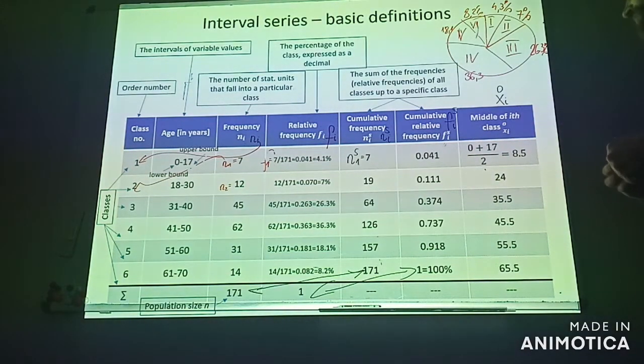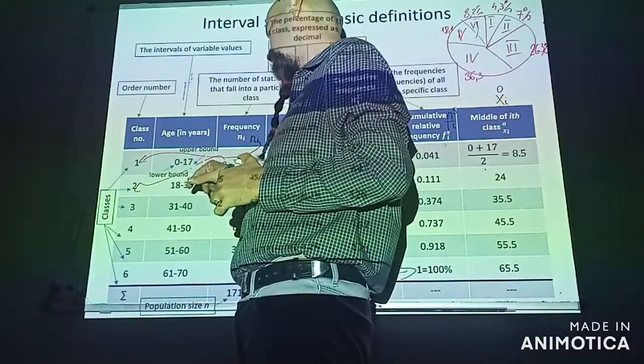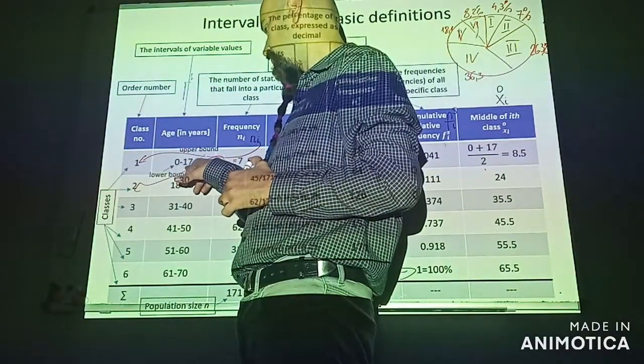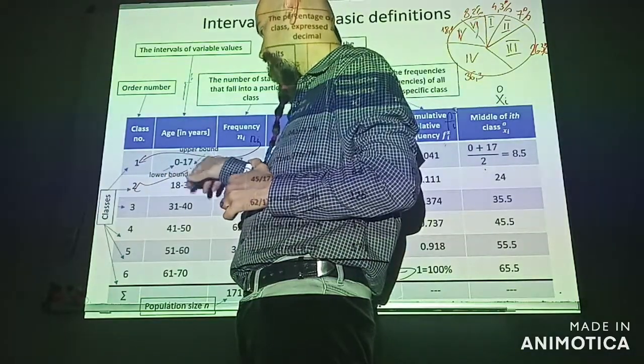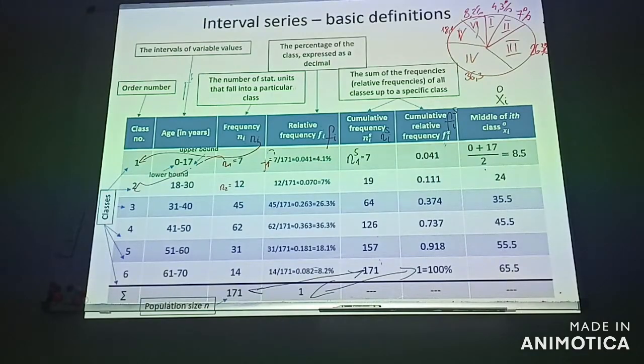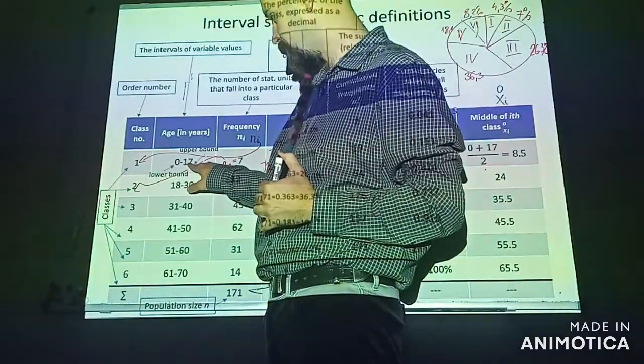In the last column we have the middle of a specific ith class. The middle of the class is a very simple category. It means we are looking for a value placed exactly in the middle between the lower and upper bound of the class.